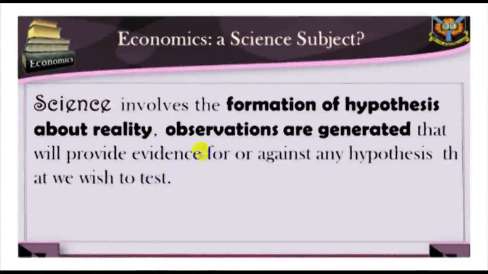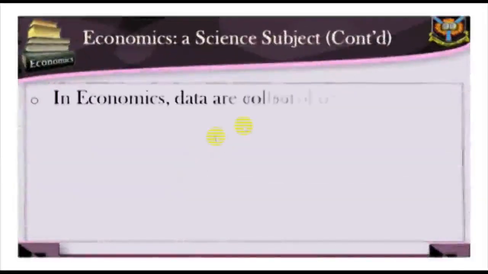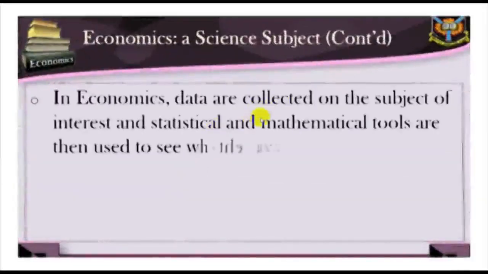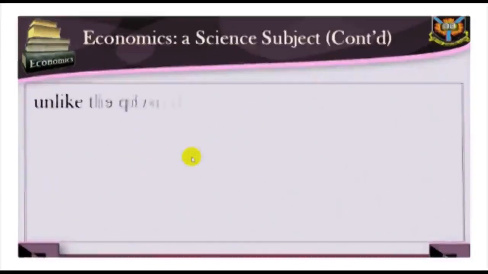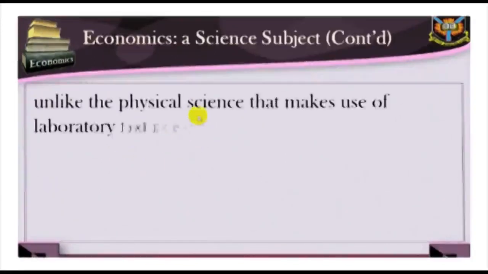Economics is regarded as a science because its method of analysis is that of science. Science involves the formation of hypotheses about reality. However, in order to be able to validate such hypotheses, observations are generated that will provide evidence for or against any hypotheses that we wish to test.